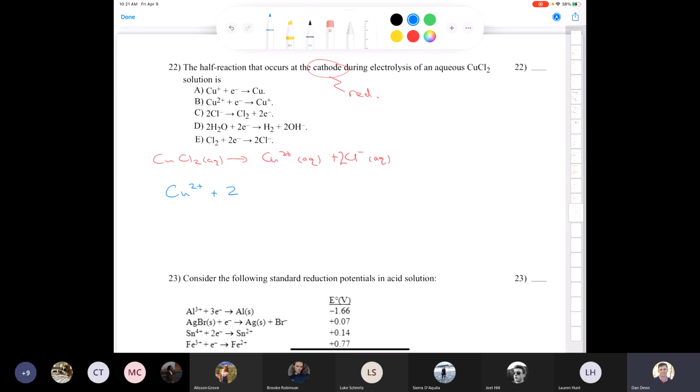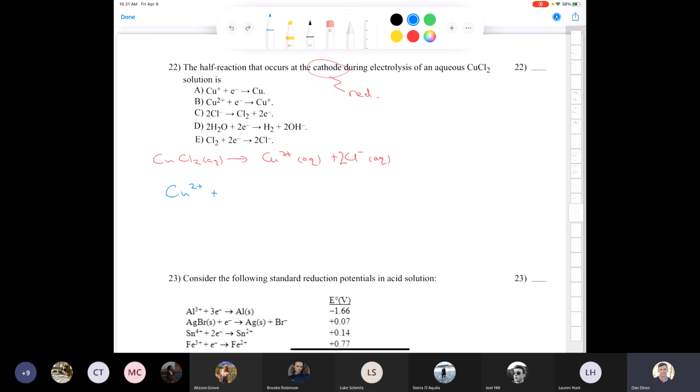Is that one of the answers? The half reaction. Sorry, I'm missing copper 2+.